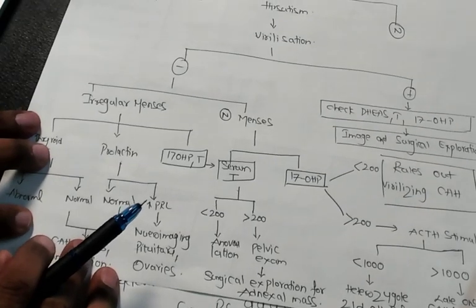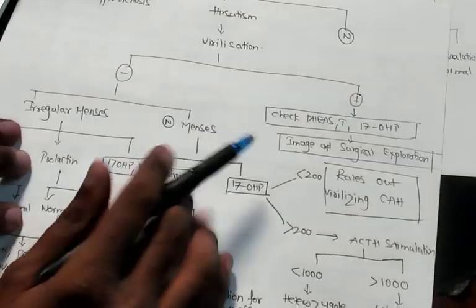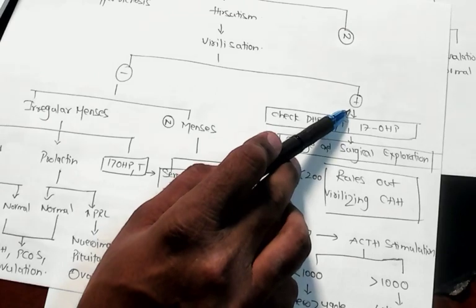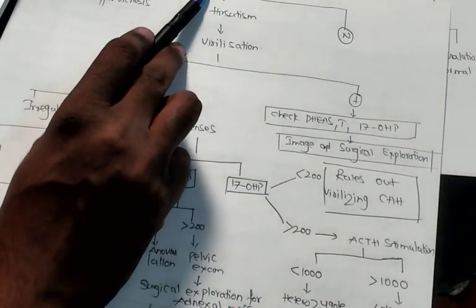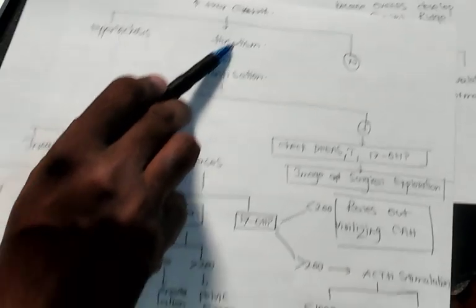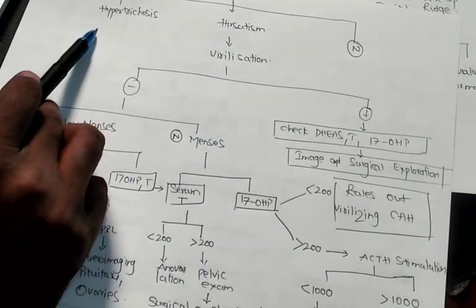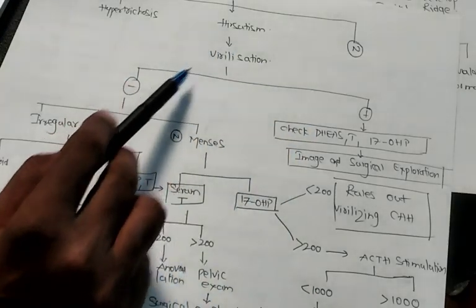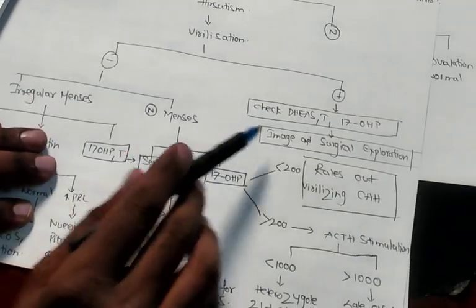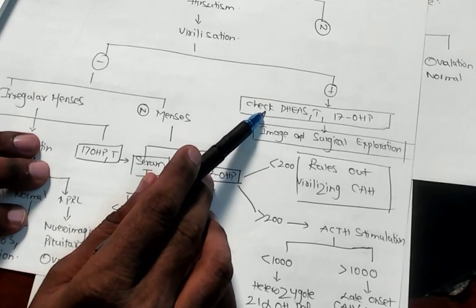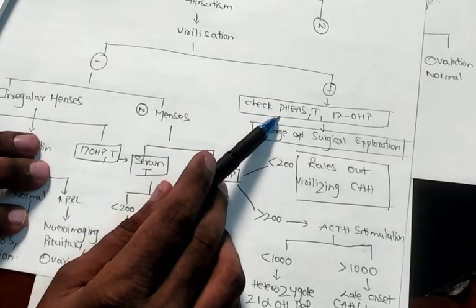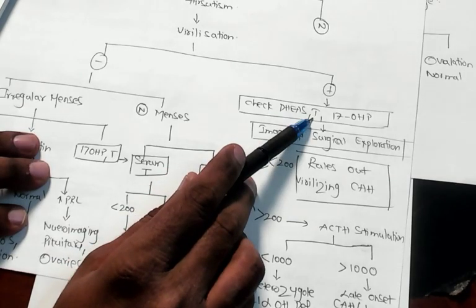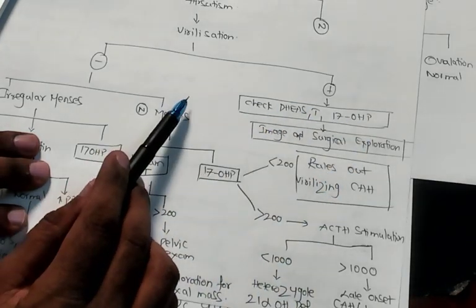Now there are signs of virilization, let us say, clitoromegaly, etc., they're all there, in a girl who is having excessive hair growth, which is hirsutism, which is not hypertrichosis, which is not normal. Then you check for the male hormones: dehydroepiandrosterone, testosterone and 17-hydroxyprogesterone.